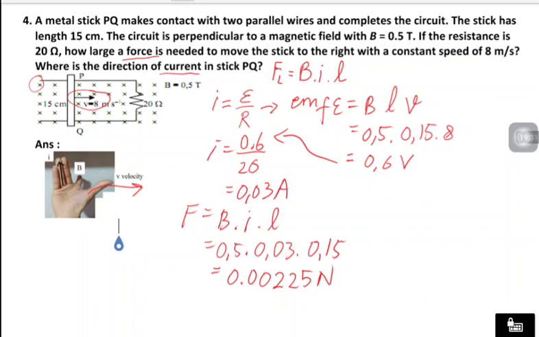It means we get the direction of induced current to upside. Okay.